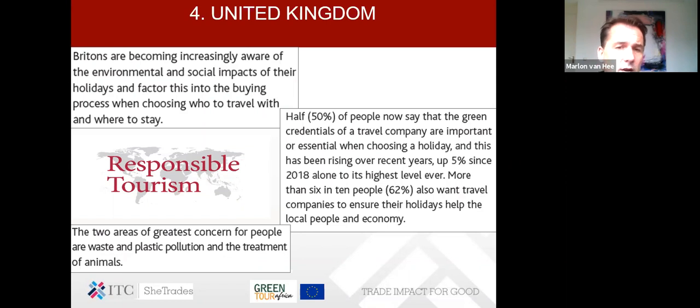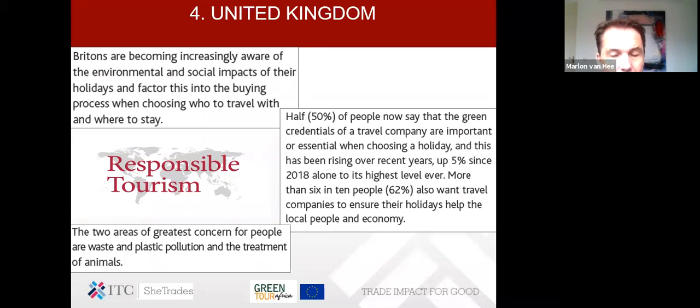So that means that when UK people are looking for a holiday package to Kenya or Ghana, more and more Britons prefer to purchase a holiday from a UK tour operator that has, for example, responsible tourism as one of the company's unique selling points. And for UK outbound tour operators to be greener, they need greener, more responsible products.